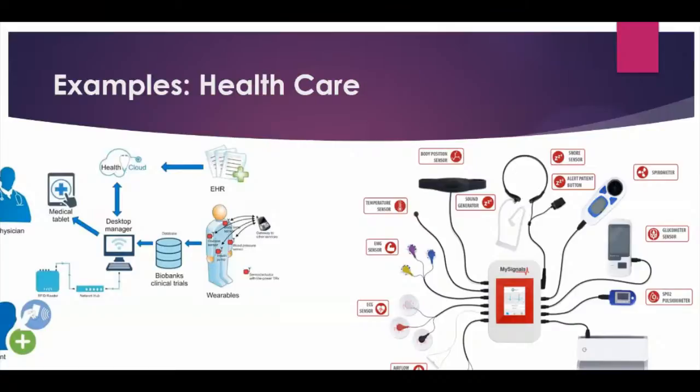So there are multiple sensors in the wearables, and the elderly person wears that particular wearable, and these sensors will automatically monitor the health of the person, and they will predict maybe the possible attacks.